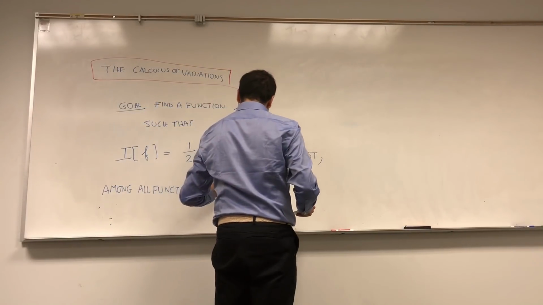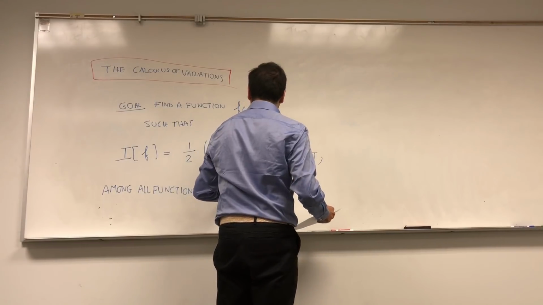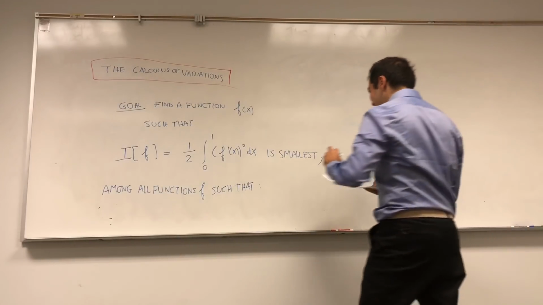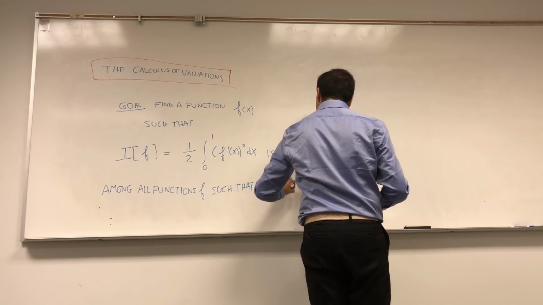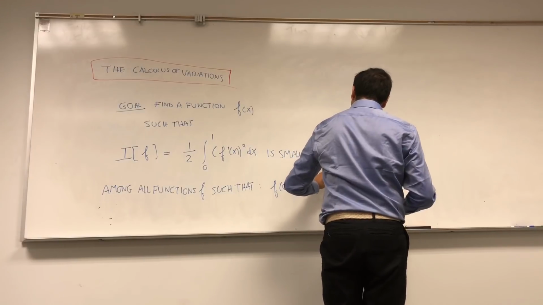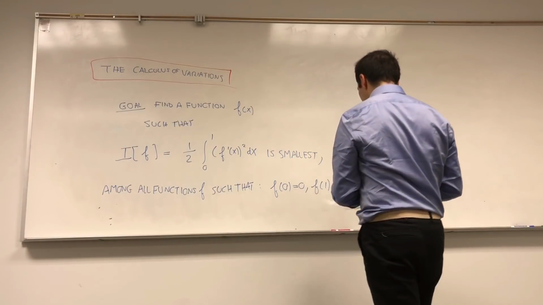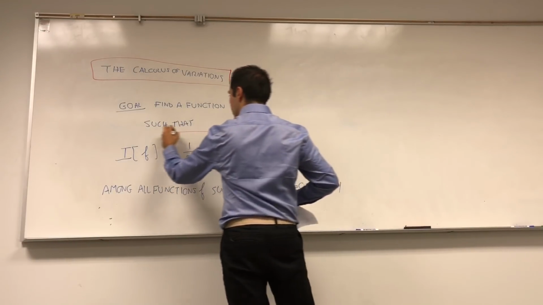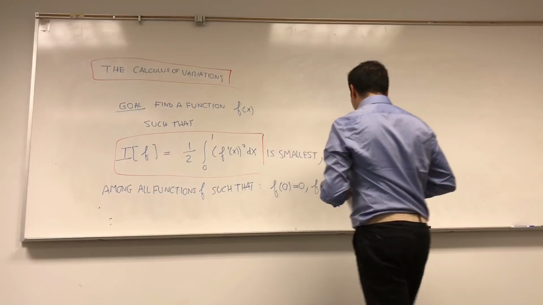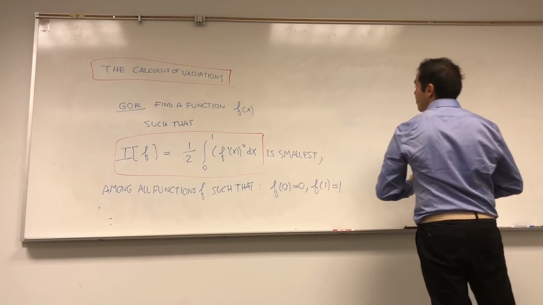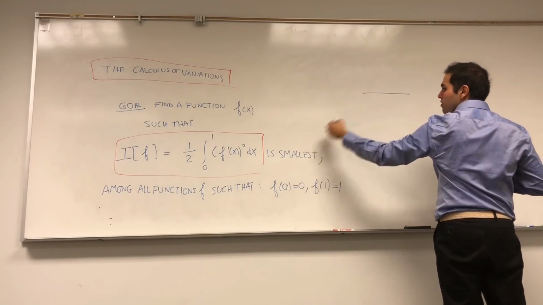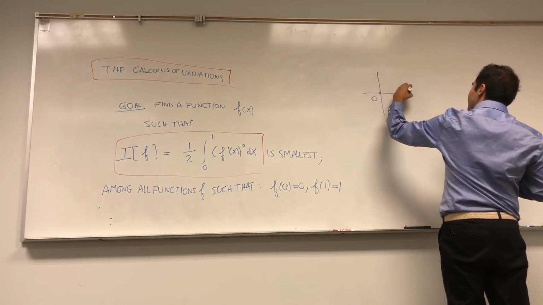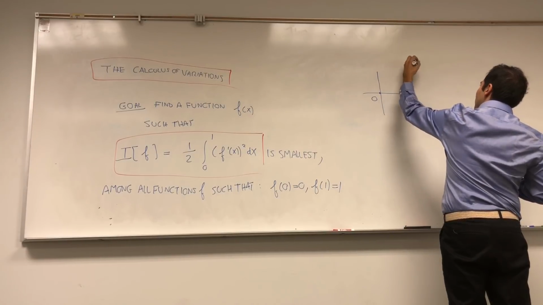such that, because of course you might say, hey, what about the zero function? But let's give you a bit more restrictions, such that f of 0 equals 0 and f of 1 equals 1. In other words, among any function f, again smooth, not even differentiable almost everywhere would work, with f of 0 is 0 and f of 1 is 1.